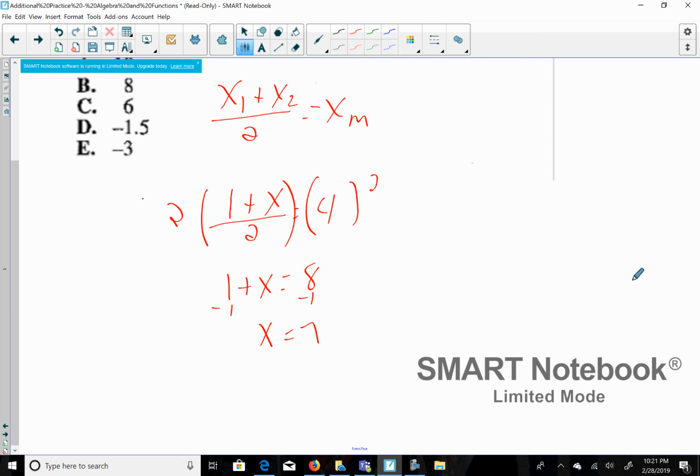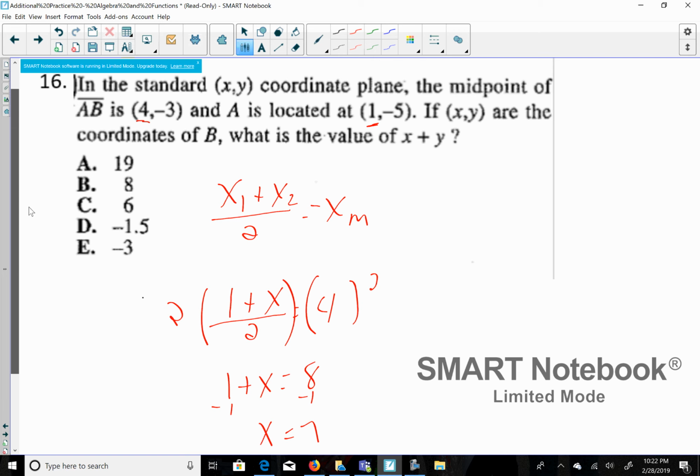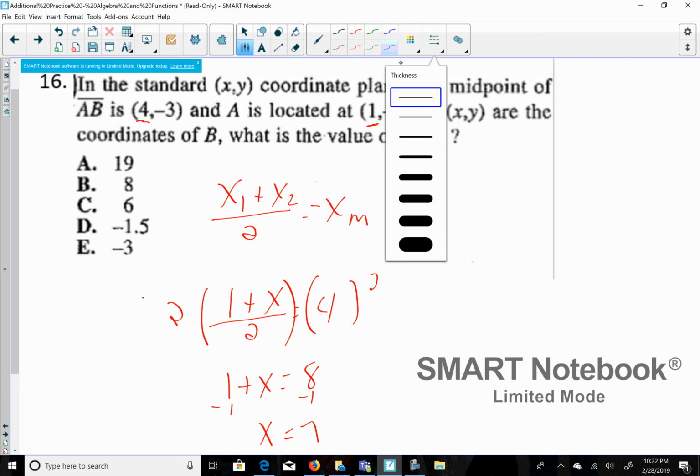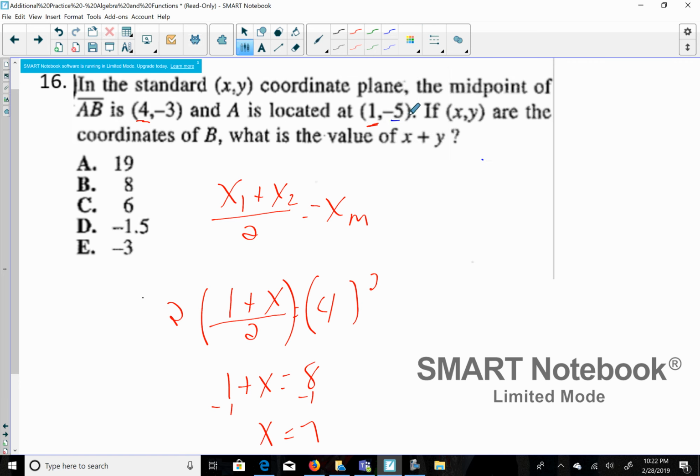Again, it's looking for the sum of x plus y. So I am going to have to go back up and do the same thing to find y. So I'm going to take the y coordinate, which is -5. So I'm going to take -5 plus the other y coordinate, divide that by 2, and that's equal to the y coordinate in the midpoint, which is -3.